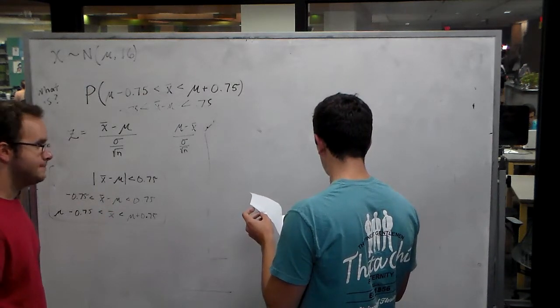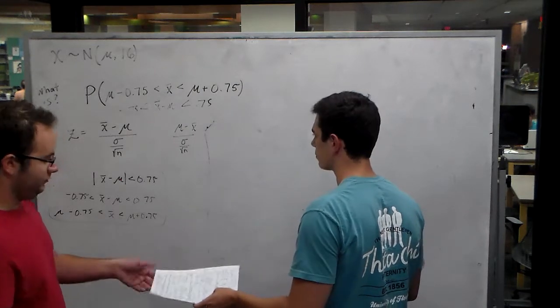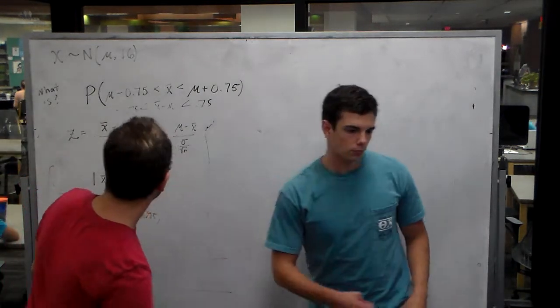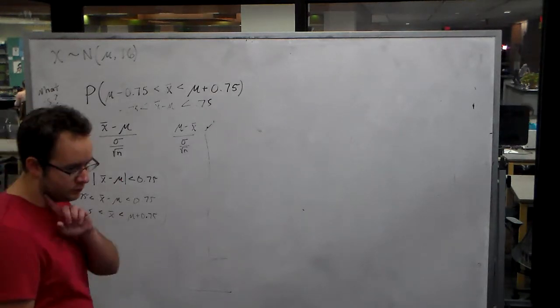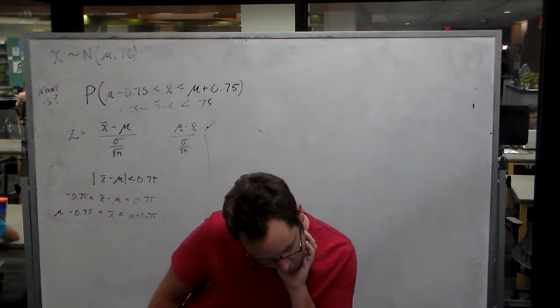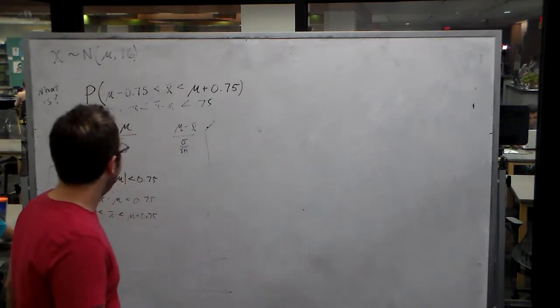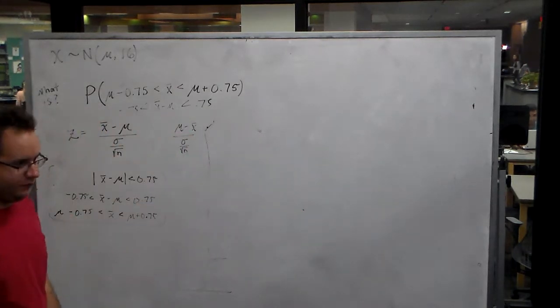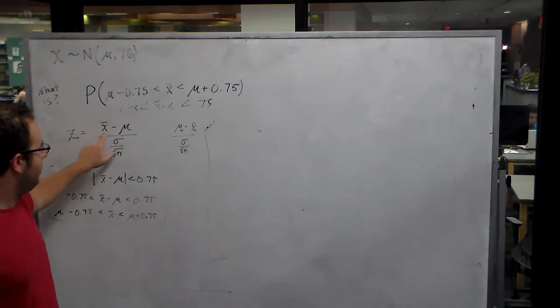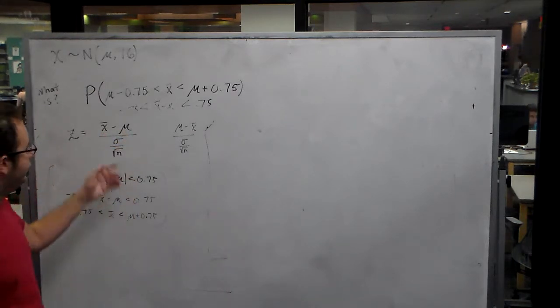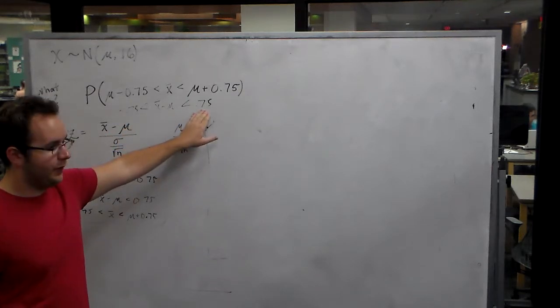Cool. All right. So we're curious to know the probability. What's the probability that this difference is in this envelope of negative 0.75 to 0.75? Well, we don't know what x bar is, we don't know what mu is, but we don't care. We just care to know what z-score corresponds to this outermost value.